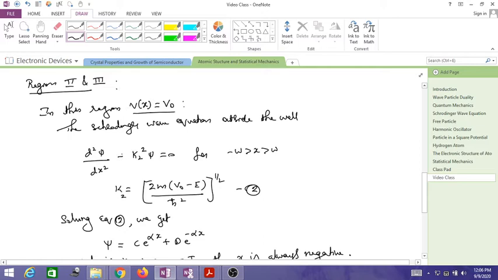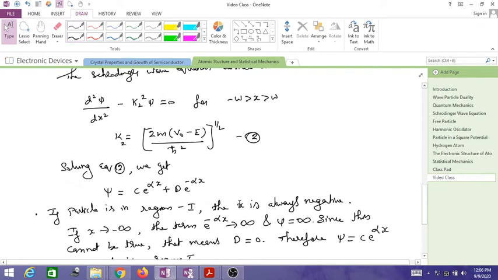Here the sign is changed, now it has become minus: d square by dx square of the wave function or the state function, minus k2 square into psi, equals 0. This is for x less than minus w and greater than w, where the value of k2 here is nothing but the square root of 2m of (V naught minus E) by h bar square.